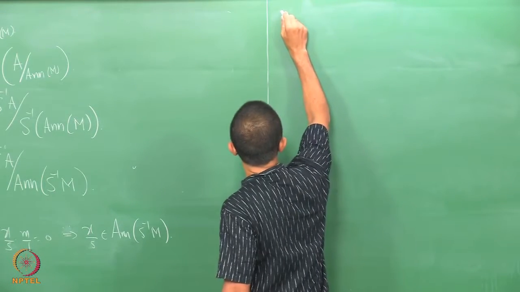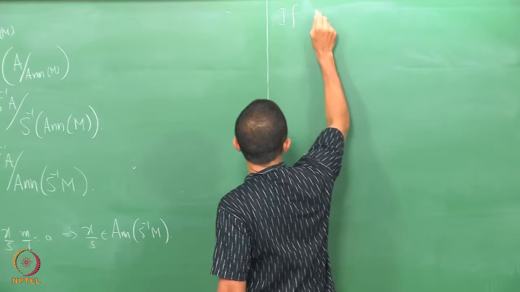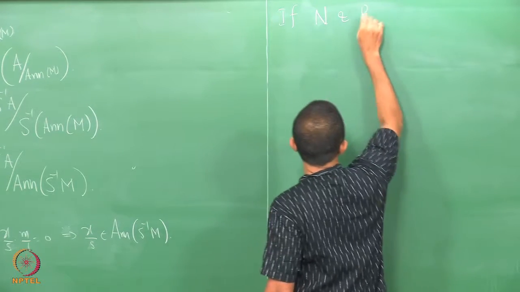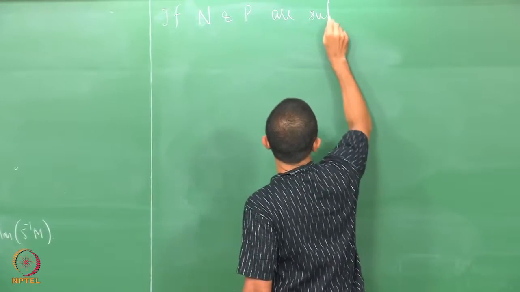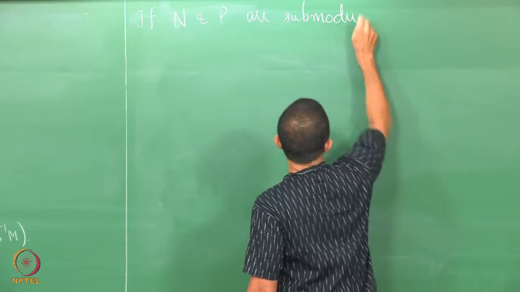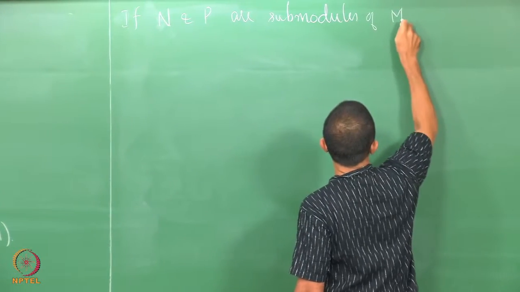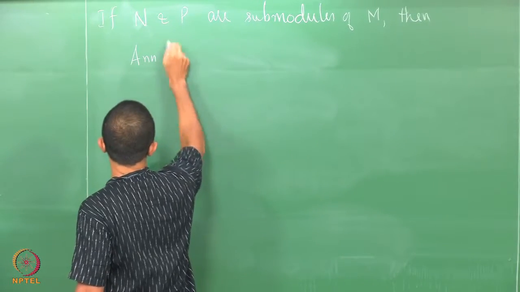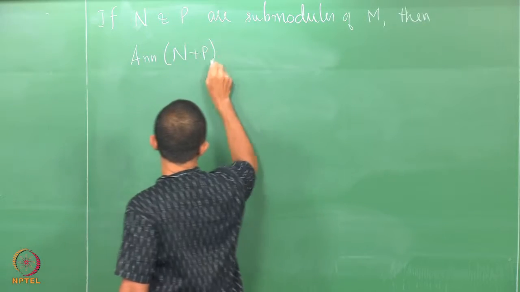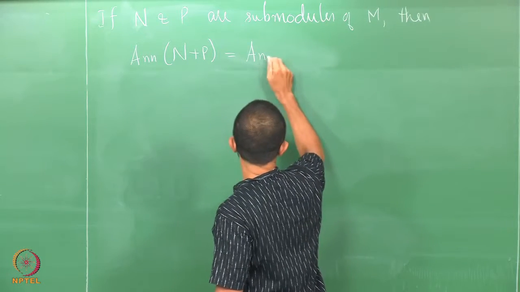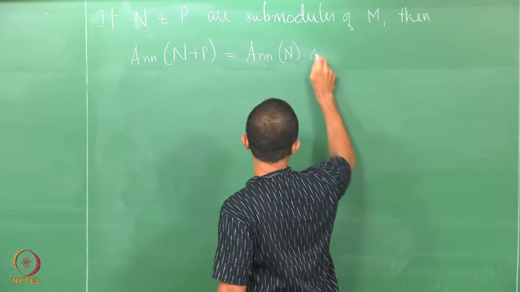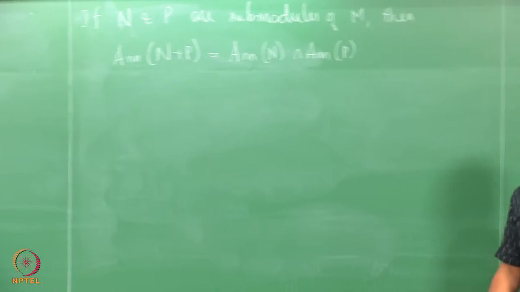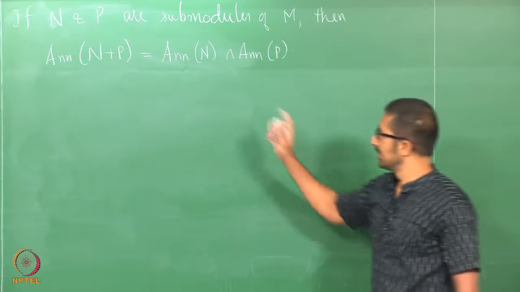Now, we make an observation. If N and P are submodules of M, then what can you say about the annihilator of N plus P? This is the annihilator of N intersection the annihilator of P. Right?